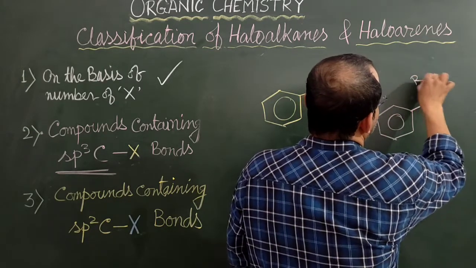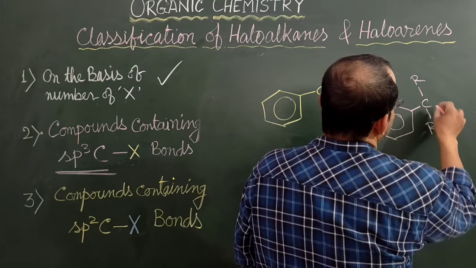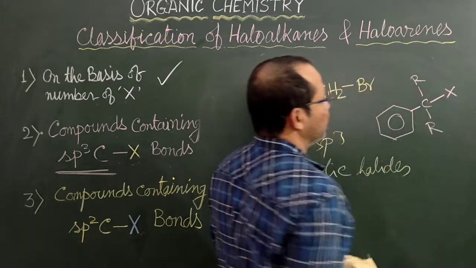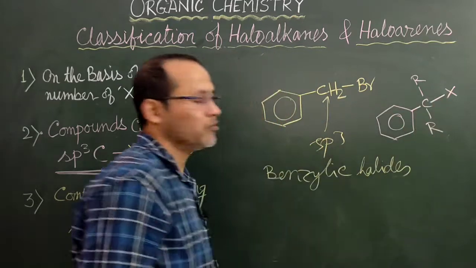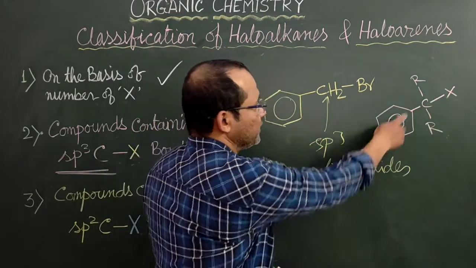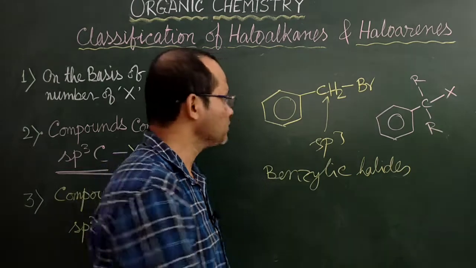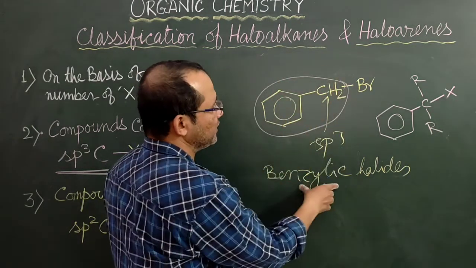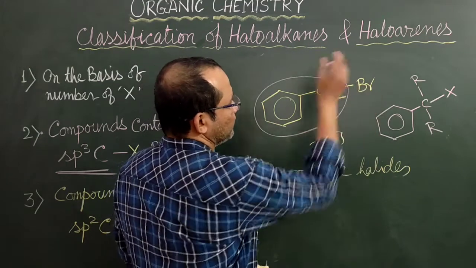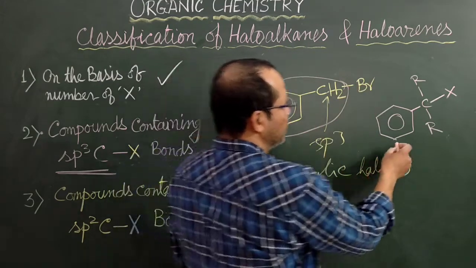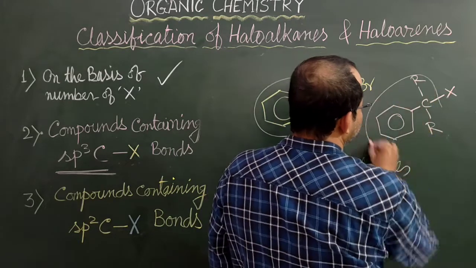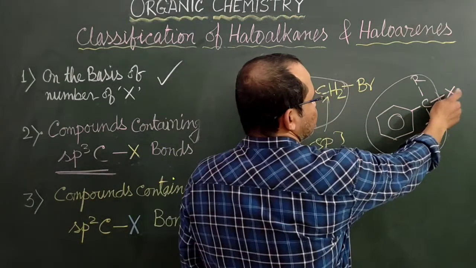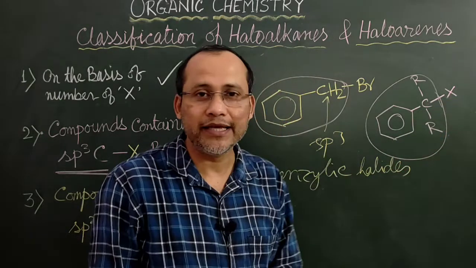Any alkyl group here, any alkyl group here, and if this carbon is linked to any halogen atom, then this is also one example of benzylic halide. Is it okay? So this environment makes the compound benzylic, and due to the presence of halogen, this is benzylic halide. Similarly here, this environment makes it benzylic, and due to the presence of this halogen, it will be benzylic halide.